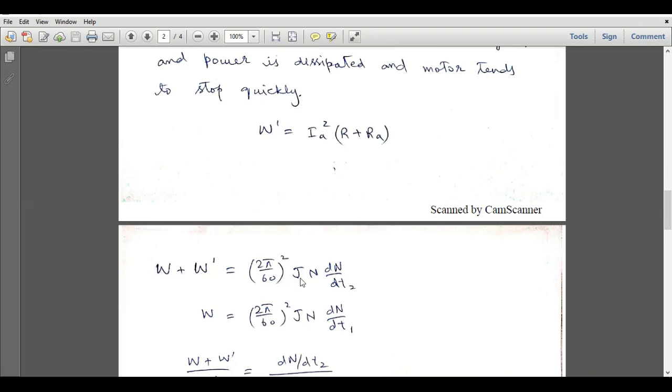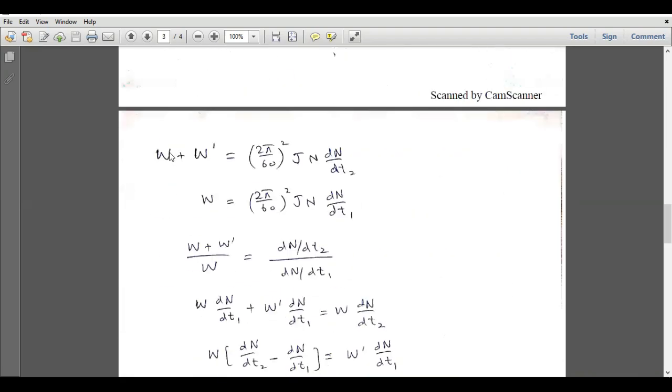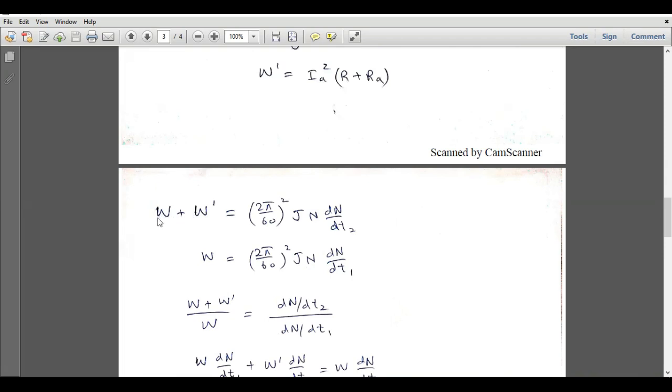In this case, by placing the external resistance R, both the armature resistance RA and the external resistance R are present, and we get W plus W dash. W was the stray loss in the machine when no external resistance R was present. W dash is the stray loss expression when external resistance R was present.